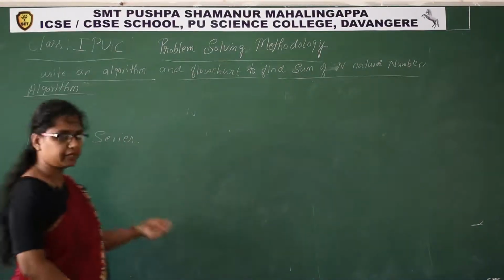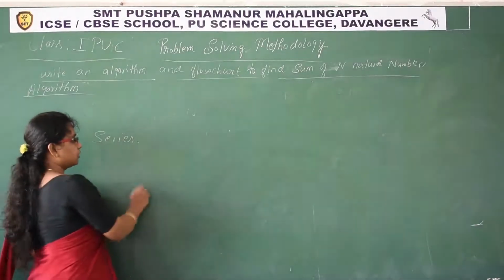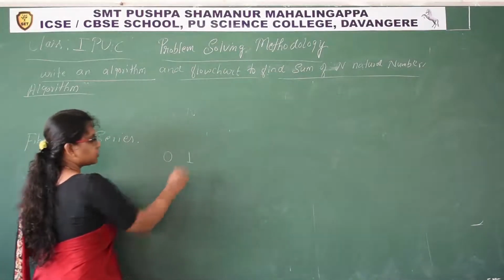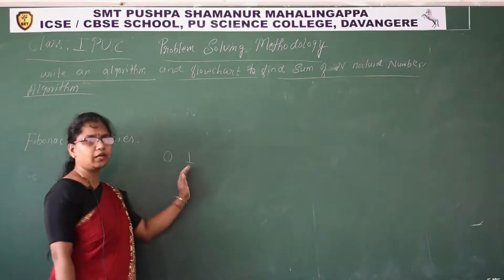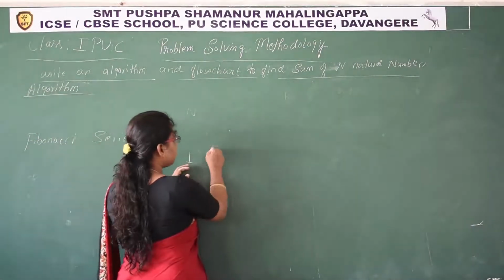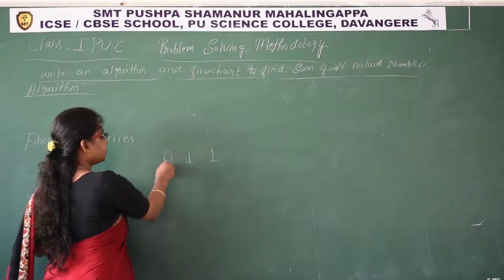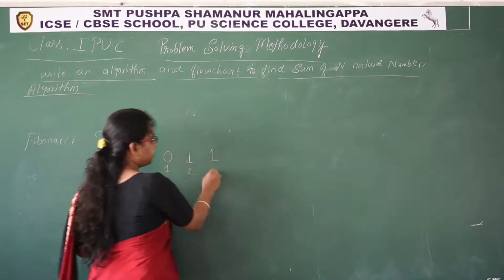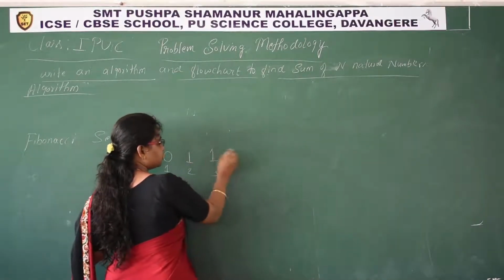See, I repeat, the Fibonacci series, first it takes initial values and after that by adding these two values it generates one more value. So this is the third number in the series. This is the first number, second number and third number, and the fourth number is by adding these two.